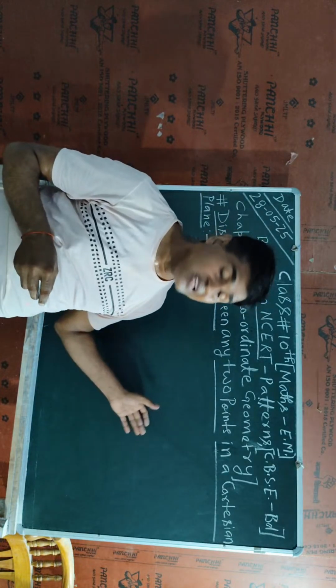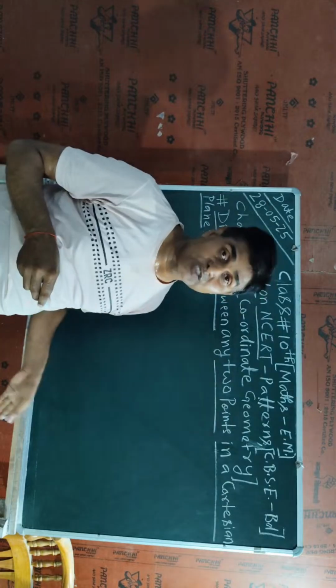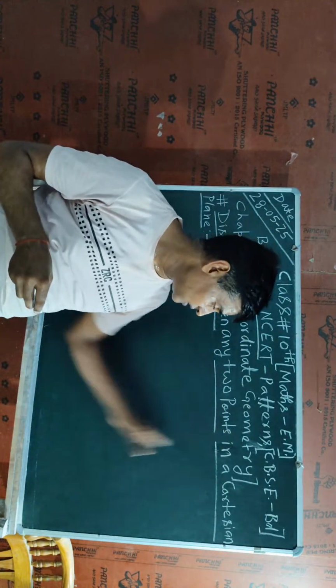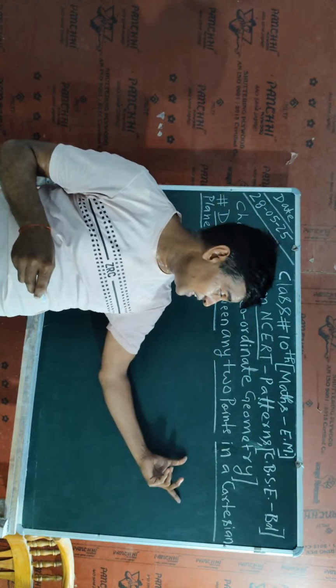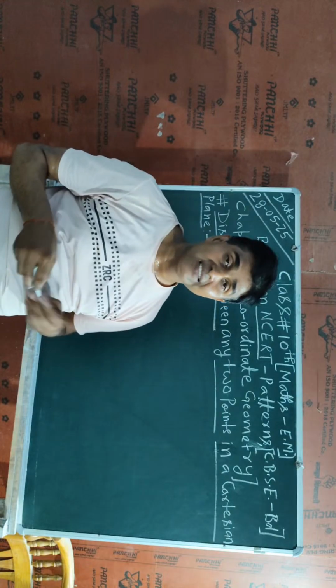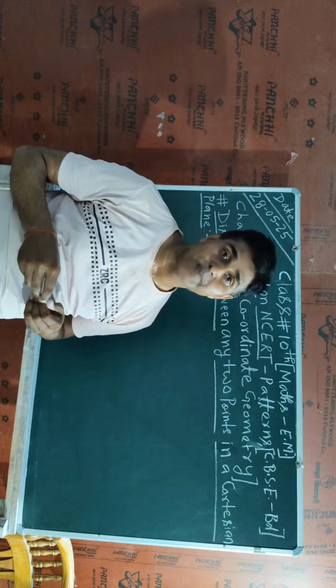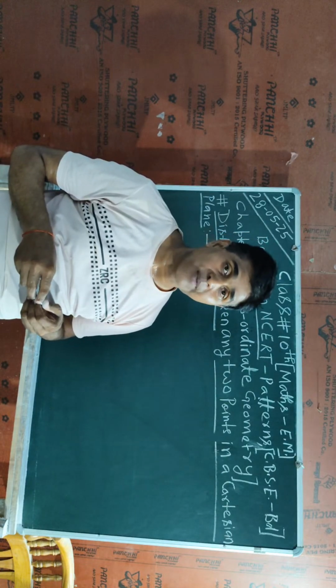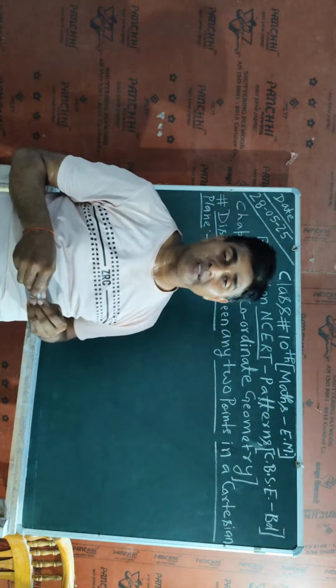Then I will take the perpendicular distance from each point to the x-axis, and I will take the abscissa length and also the ordinate length. Then there is a right angle triangle, so I will use the Pythagoras theorem. After using the Pythagoras theorem, I will get the distance between the 2 given points.